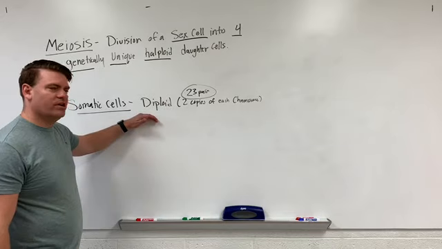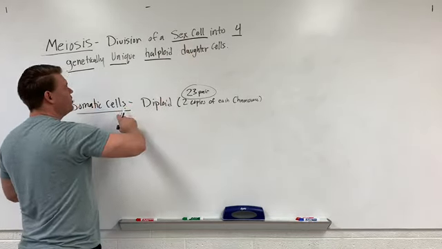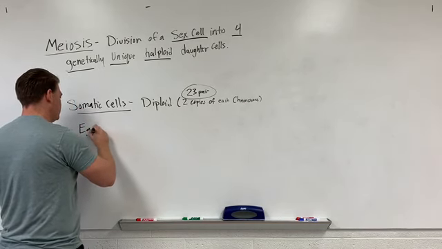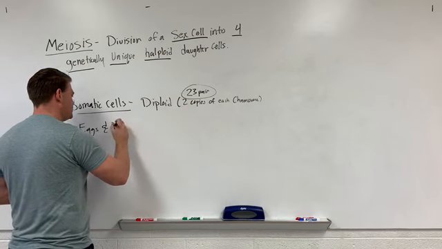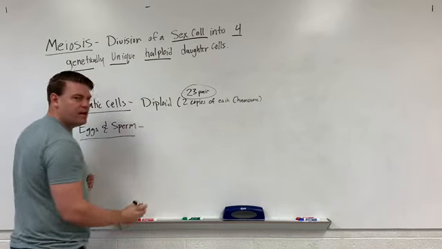So that's diploid. So our sex cells are also diploid, but once we turn them into our eggs and sperm, they then become haploid.